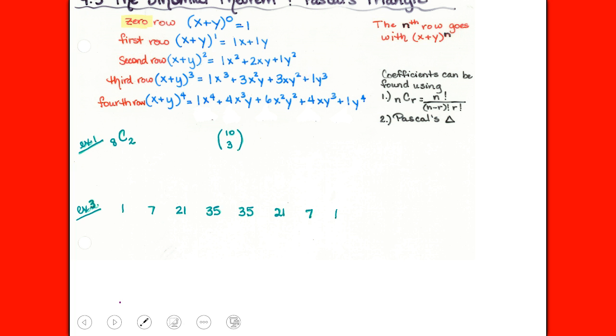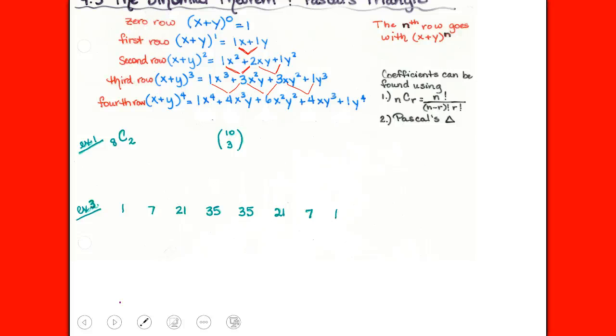The second thing is that when we count our rows, it starts with the 0 row because I need to start with x plus y to the 0. So I need to be sure when I'm counting down, I start counting with 0 and then 1 and then 2. I start counting with the 0 row in Pascal's triangle.